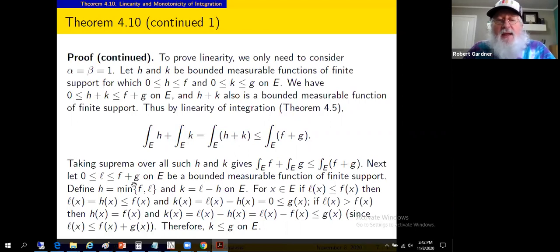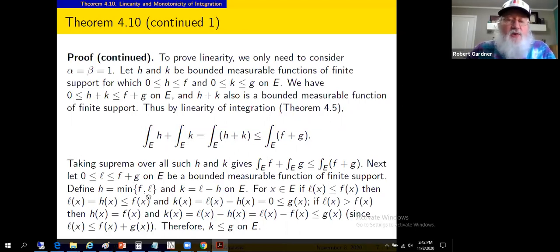Apparently, I'm enamored with some conversation about the f plus g function initially. Well, I've got to get over it and have a conversation that involves, at some stage, f only, and at some stage, g only. So we can talk about these two integrals on the left. But we're taking L to be less than or equal to f plus g, a bounded measurable function of finite support.